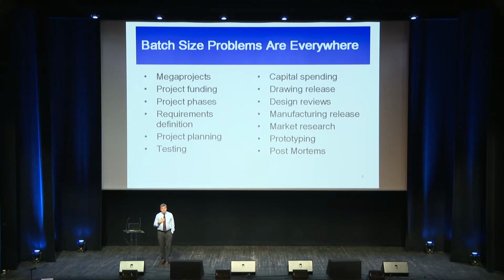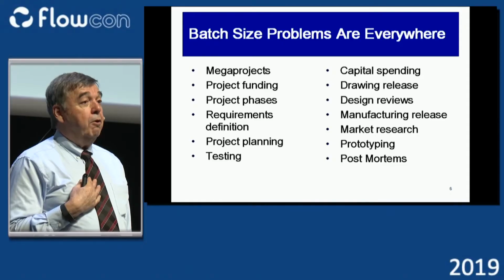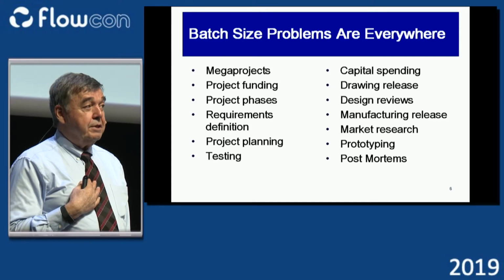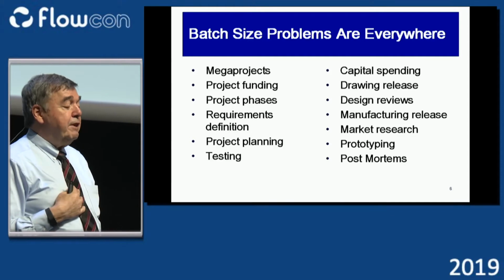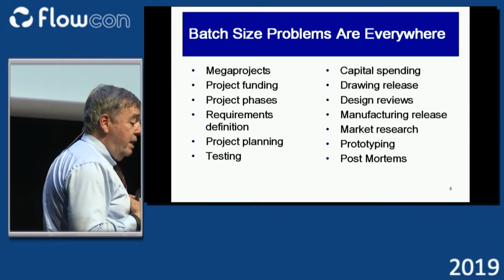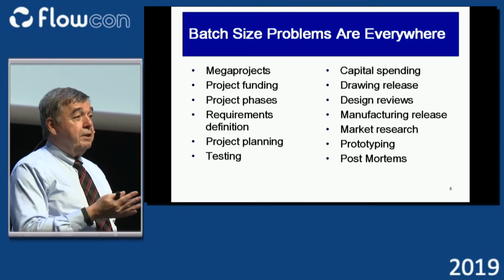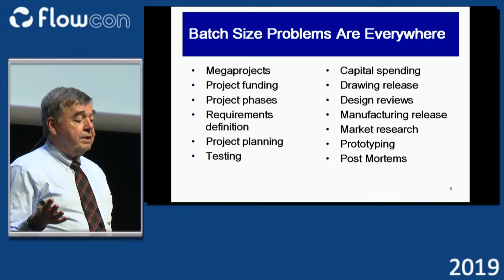You could not design a development process that took more time than a stage gate process that allowed you to operate in one phase at a time. You can basically cut the cycle time in half of virtually any stage gate process if you simply give people permission to work in overlapping phases instead of sequential phases. But it was a fundamental batch size issue that 50% of the American companies I worked with had stage gate processes where they thought it was good to operate in one phase at a time.